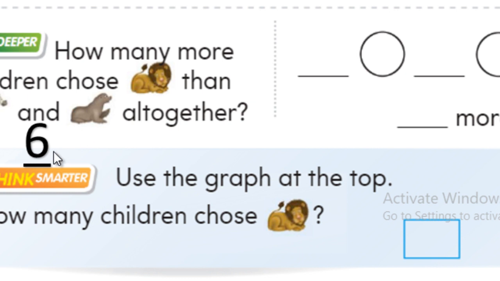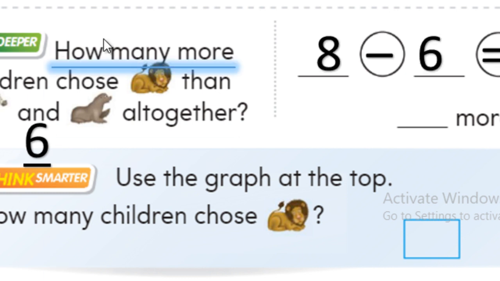Now how many more children chose lions than this number here? Lions are 8. Zebras and seals together are 6. So how many more? Underline it. Subtraction. Excellent. So 8 from the lions minus 6 from the zebras and seals together equals 2.